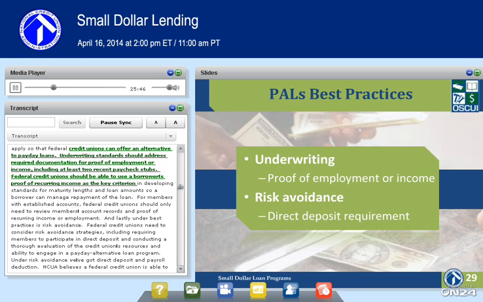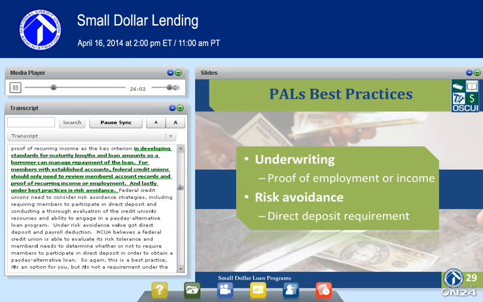Underwriting standards should address required documentation for proof of employment or income, including at least 2 recent paycheck stubs. Federal credit unions should be able to use a borrower's proof of recurring income as the key criterion in developing standards for maturity lengths and loan amounts, so a borrower can manage repayment of the loan.